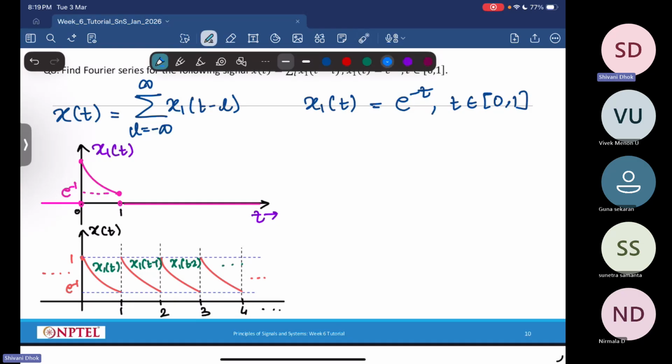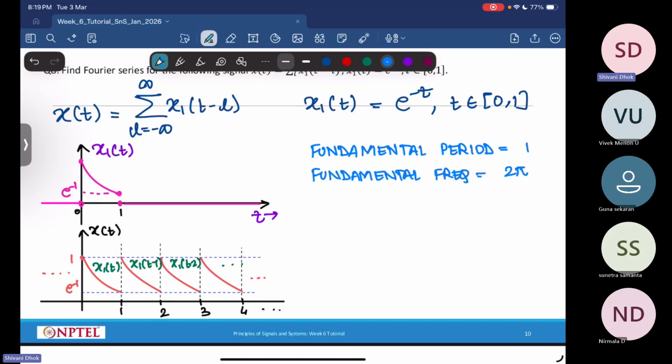So the fundamental period is 1, and therefore the fundamental angular frequency is 2 pi by the fundamental period, that is 1, that is your 2 pi.